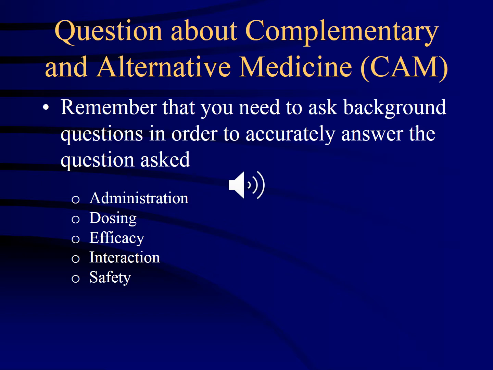I reviewed these extensively in your fundamentals class, and hopefully you have learned these. It depends on the type of question being asked. For example, if you have a question on administration or dosing, on efficacy, about an interaction, or about safety, you need to ask appropriate background questions to the requester in order to fully answer the question asked.